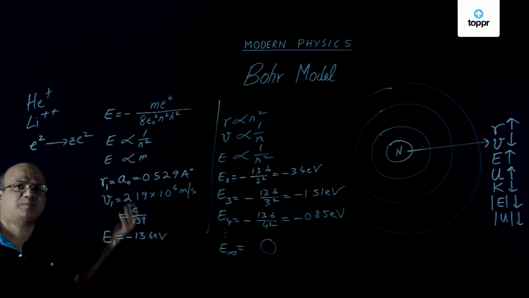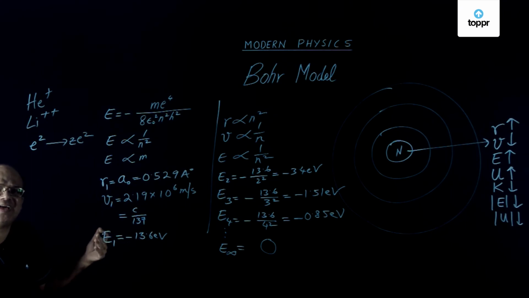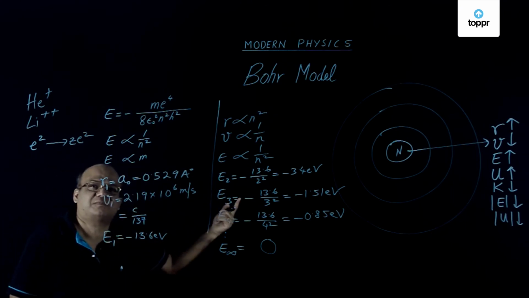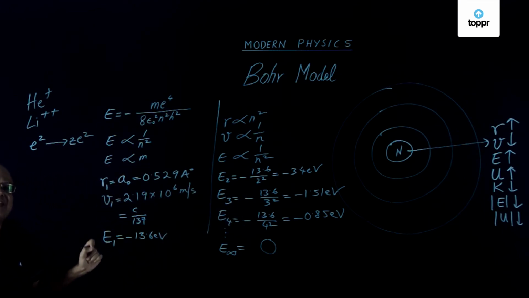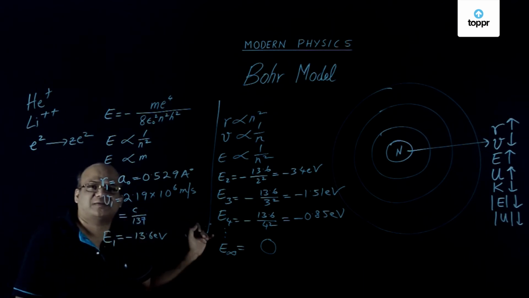So that e to the power 4 will be replaced by Ze squared whole squared, so Z squared e to the power 4.